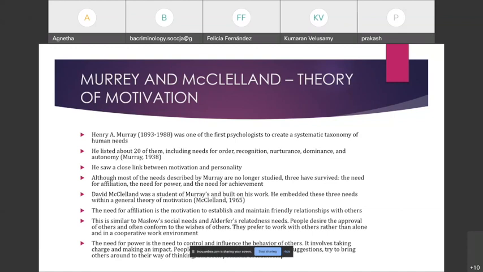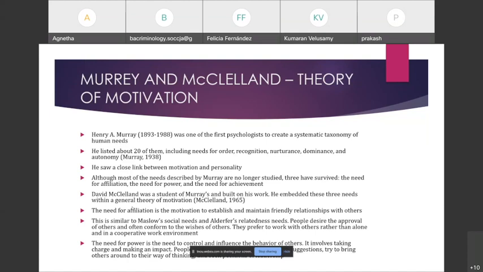Okay, so these 20 different needs include order, recognition, nurturance, dominance, authority. All these are some of the things he spoke about.